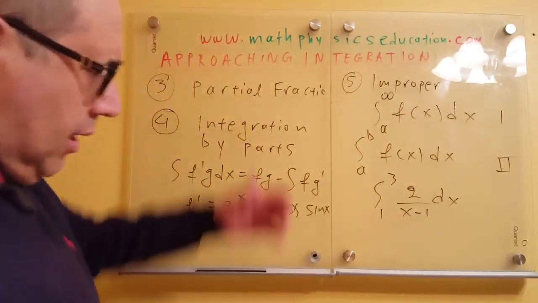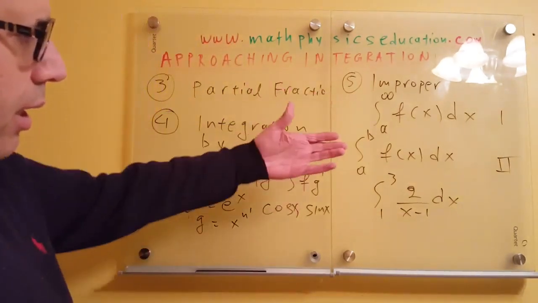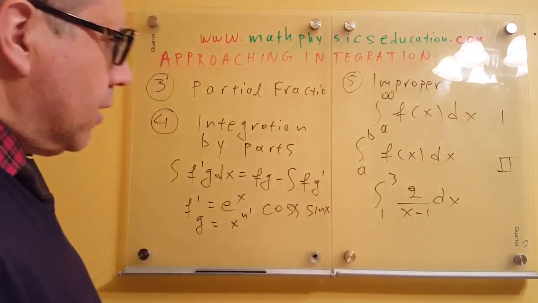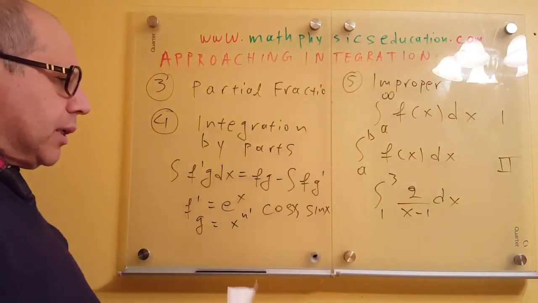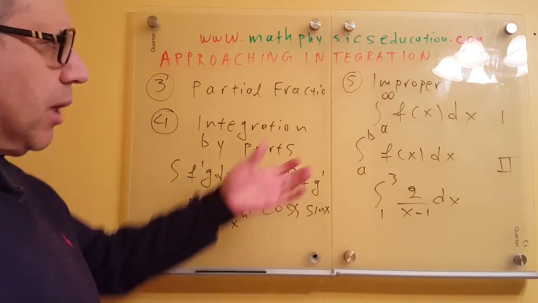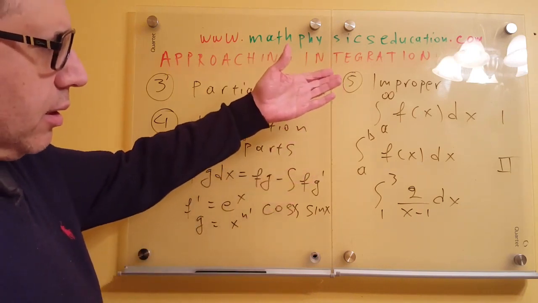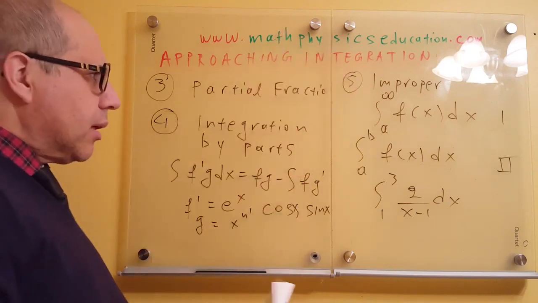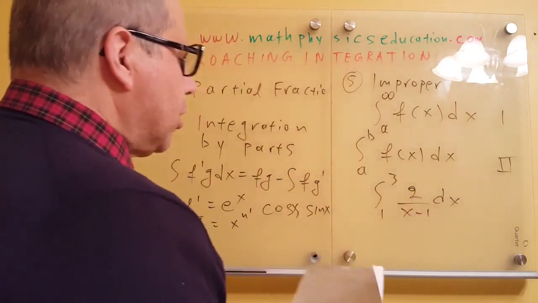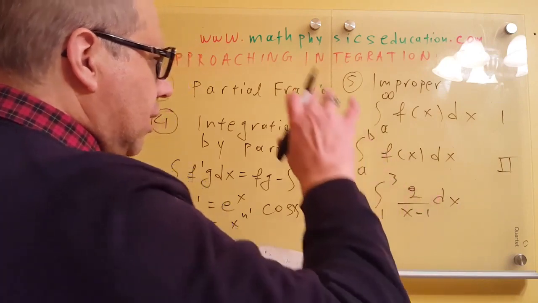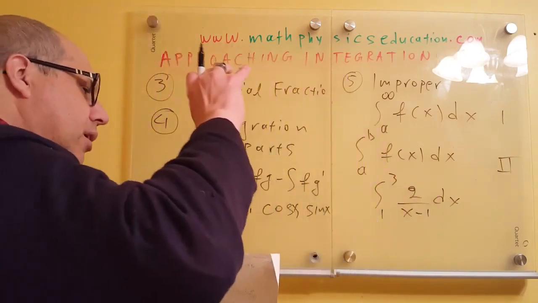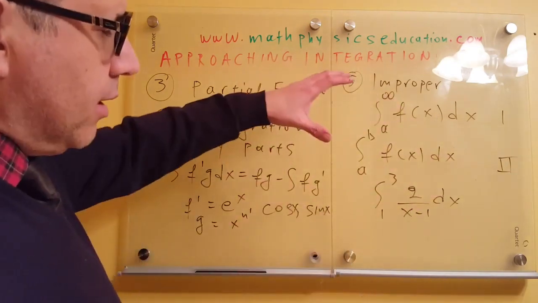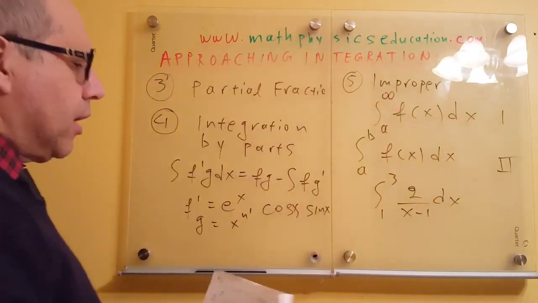So this is an improper integral type 2, and we have to use the technique that we use for improper integrals. And I might upload a video for improper integrals in the near future. But for now, I'm just stressing how you choose a technique to find an integral.